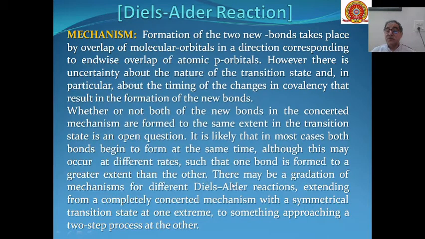So there may be a gradation of mechanism for different Diels-Alder reactions, extending from a completely concerted mechanism with a symmetrical transition state at one extreme to something approaching a two-step process at the other. So the mechanism may vary from reaction to reaction in the case of Diels-Alder reaction.